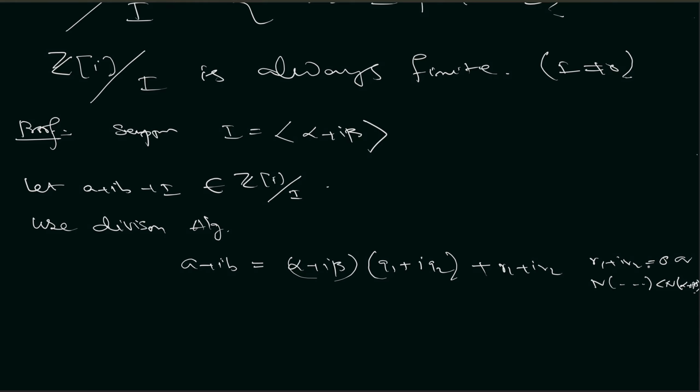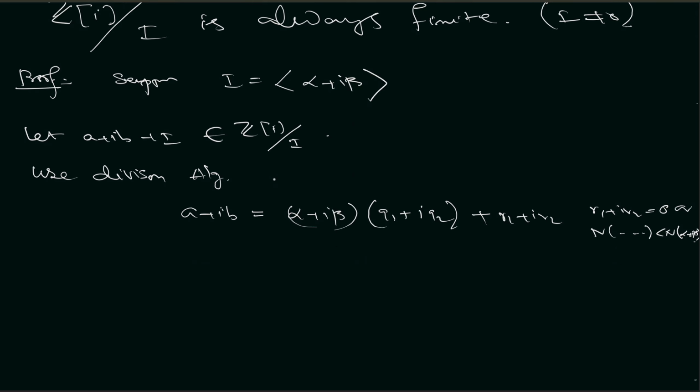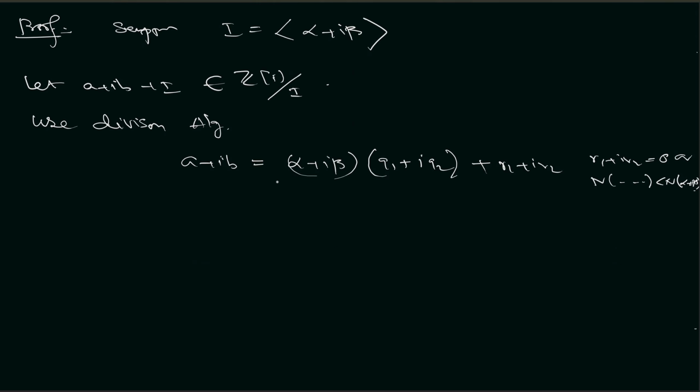So what you can do now: you have a plus ib, and you can add I here.